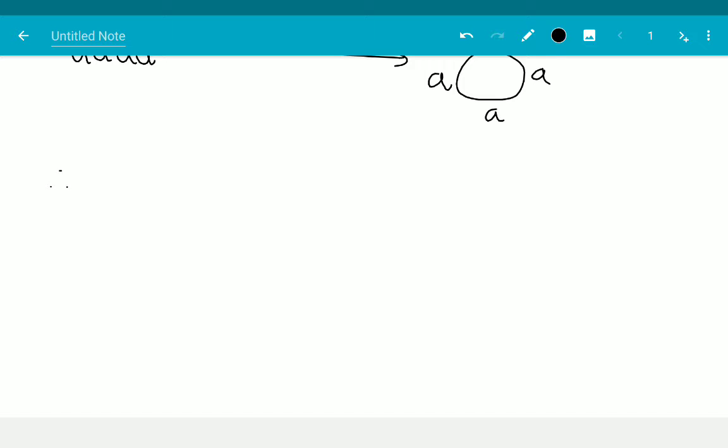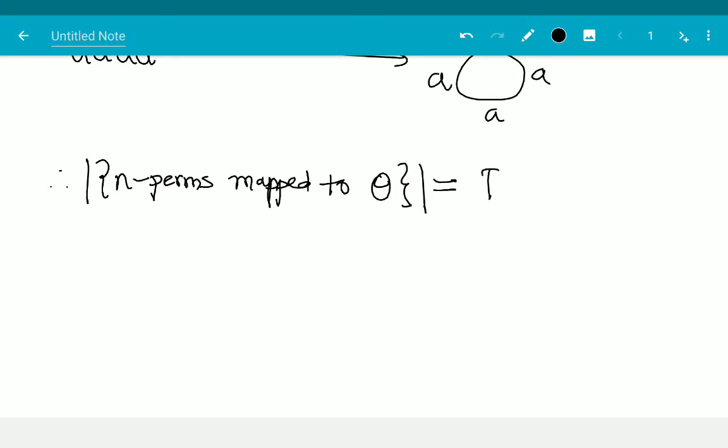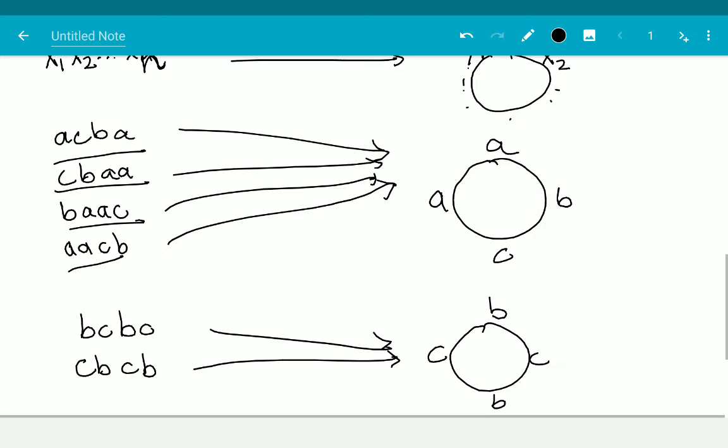Therefore, what we observe is that the number of n permutations that map to a circular permutation theta is equal to the period of theta, which we can see from what we did before.